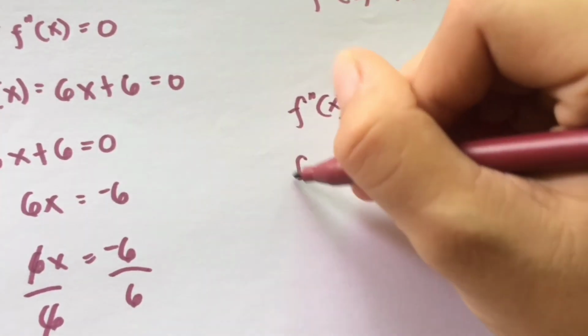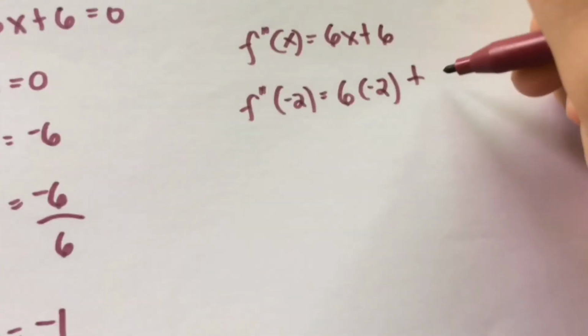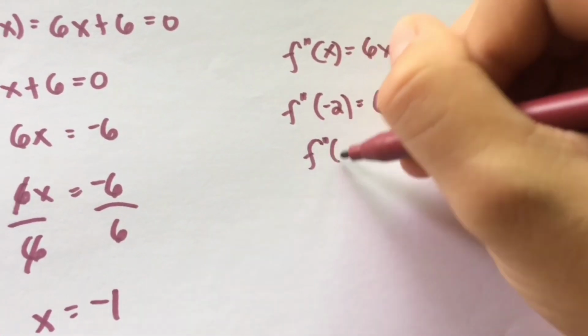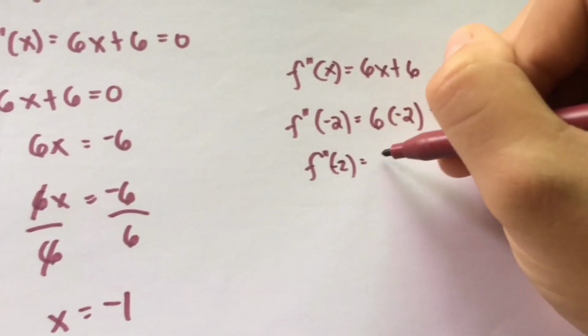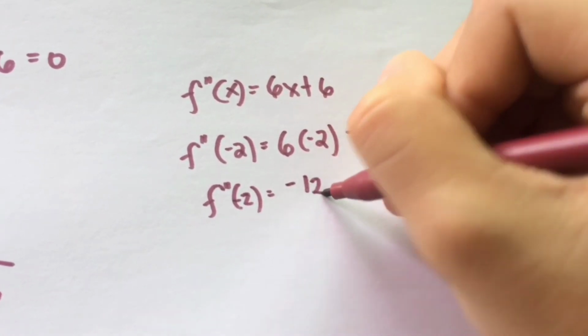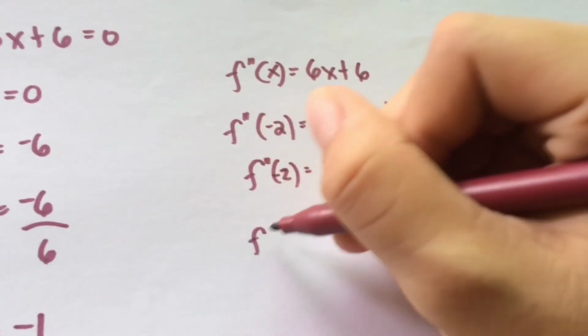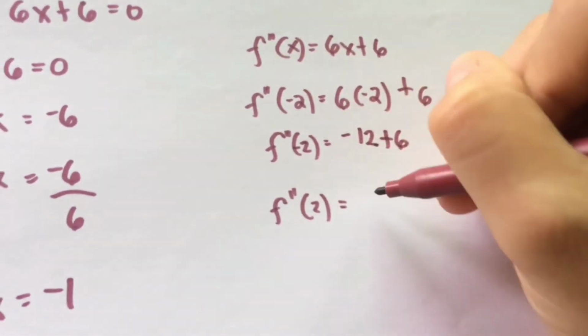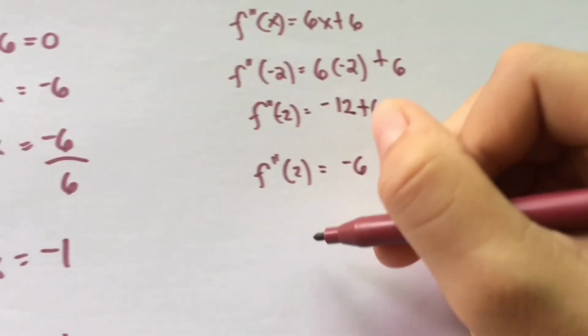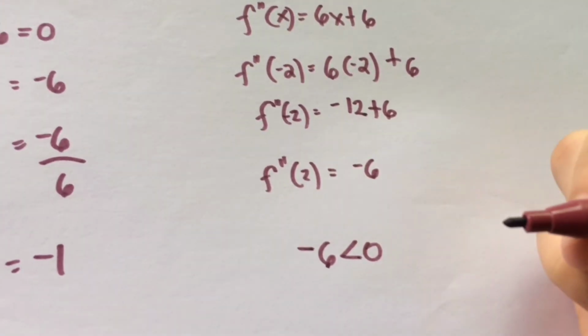Substitute negative 2: 6 times negative 2 is negative 12, plus 6, is equal to negative 6, which is less than 0.